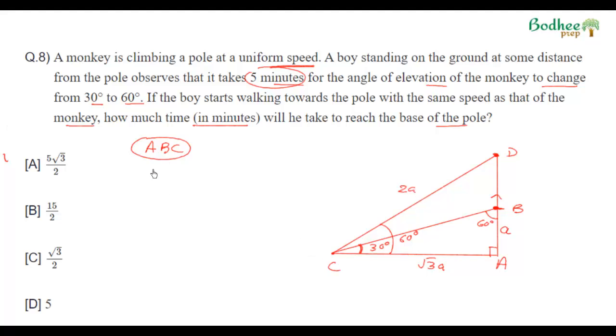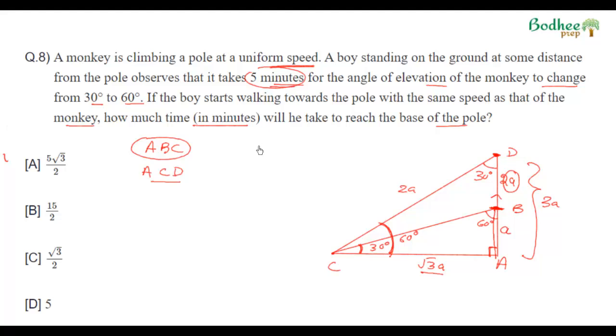Further, if we apply the same logic in triangle ACD, then in that case, this is 60 degrees, this is 90 degrees, so this will become 30 degrees, correct? So the side opposite to 30 degrees is this much, and the side opposite to 60 degrees, that means this entire length, will be root 3 times of this, that is it will be 3A, right? So we can say that initially the monkey was here and it reached here. This distance is A, this entire distance is 3A, so effectively the monkey moved a distance 2A in 5 minutes.